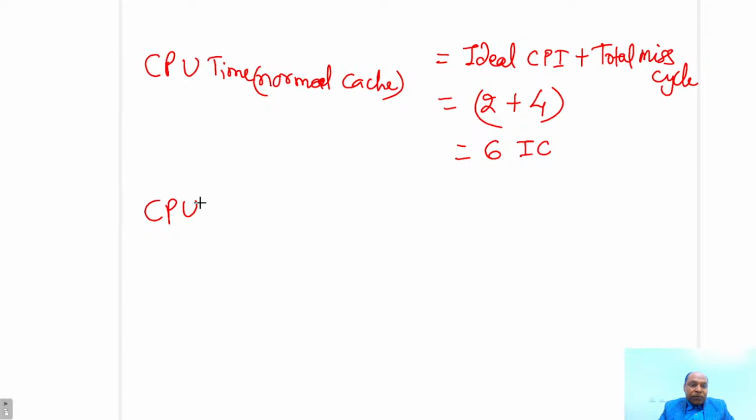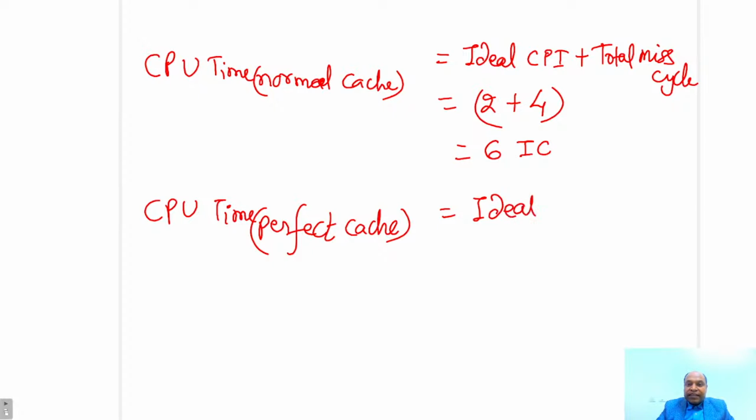And CPU time for perfect cache is only the ideal CPI, so ideal CPI is 2 instruction count.